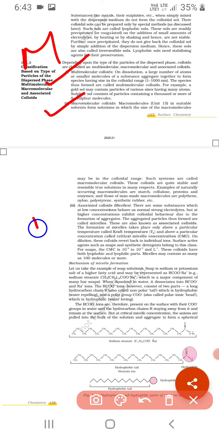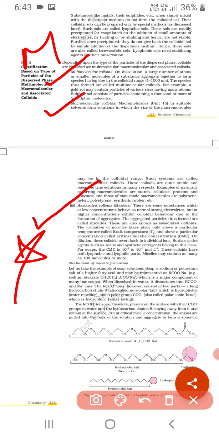Next is associated colloids. It is very important and many times it is asked in your paper. So let's start the discussion. Students, associated colloids are substances which, when present in low concentration, act as normal electrolytes. But when a higher concentration is used, they exhibit colloidal nature. That means they aggregate and form particles in the range of 1 to 1000 nanometer.